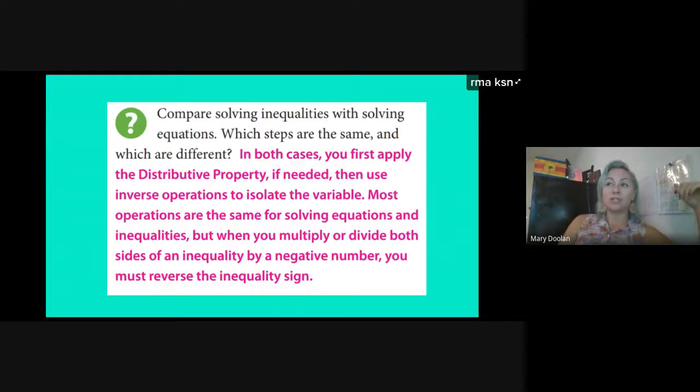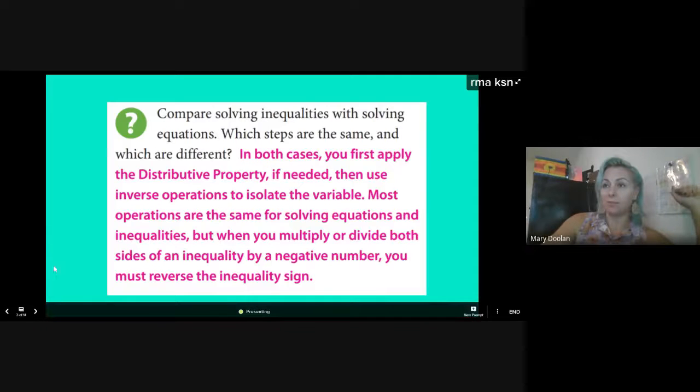Most operations are the same for solving equations and inequalities. It's mostly exactly the same. There's just one difference. When you multiply or divide both sides of an inequality by a negative number, like -1 or -7, you must reverse. You have to flip that inequality sign. You have to flip it.